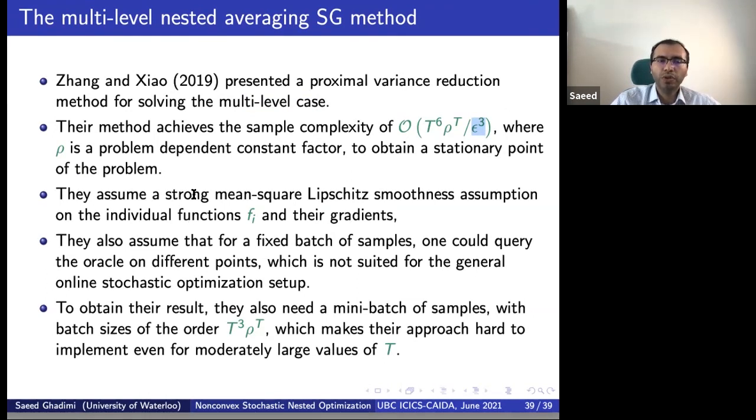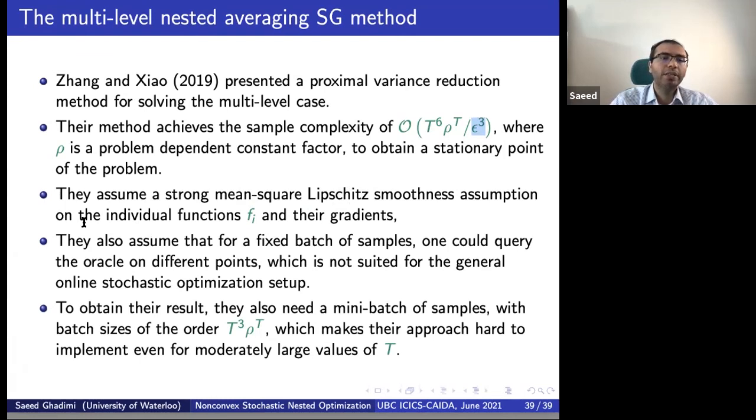Essentially, they need to assume mean squared Lipschitz smoothness of the individual functions f_i and their gradients. We do not make an assumption on the smoothness of each stochastic function. We just assume that the expectation of that function is smooth.